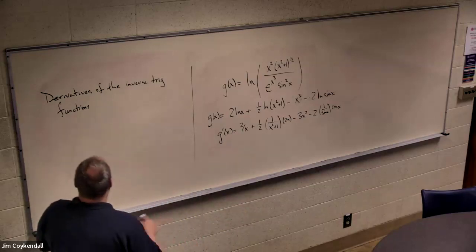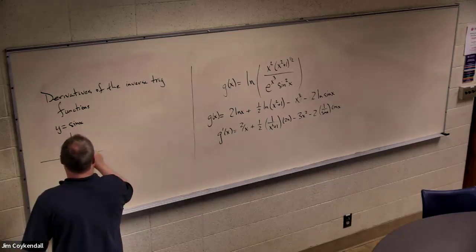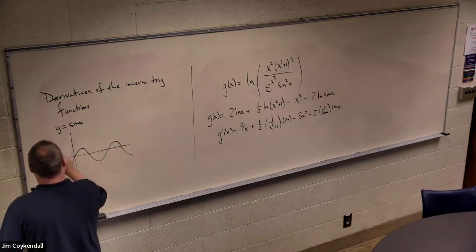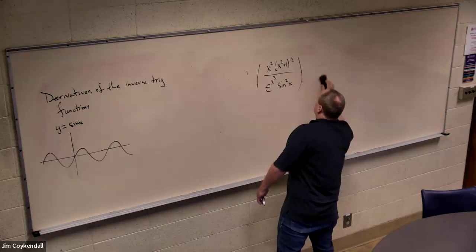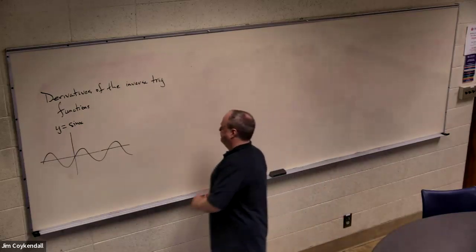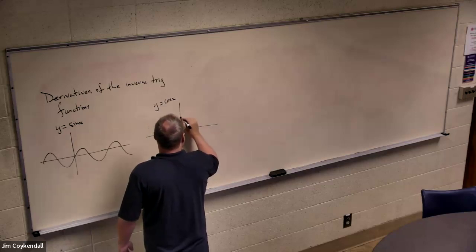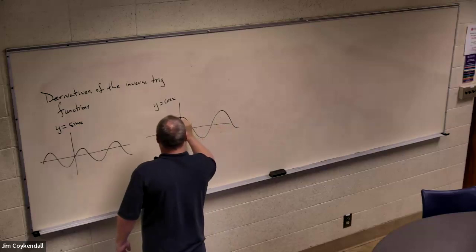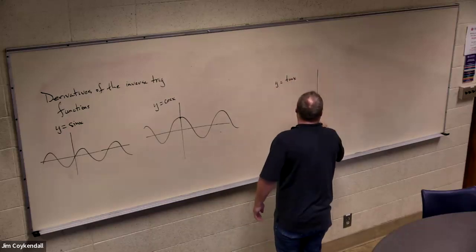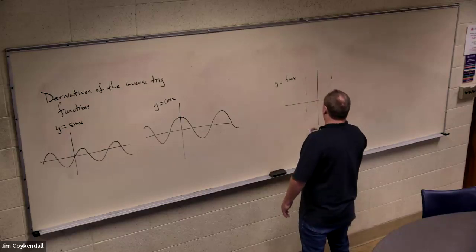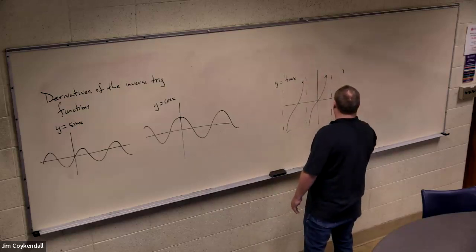And this bothers me a little bit because, for example, y equals sine x, y equals cosine x, and y equals tangent x, these things look like this.